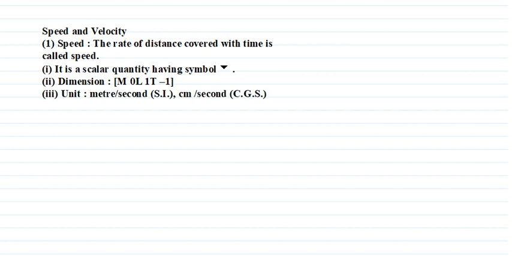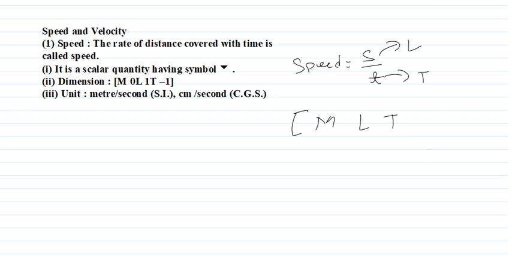What is the dimension? Speed is distance upon time, so here is the length and here is the time. What will be the dimension? There is no mass in speed, yes, there is a length in speed, and there is a time in speed.